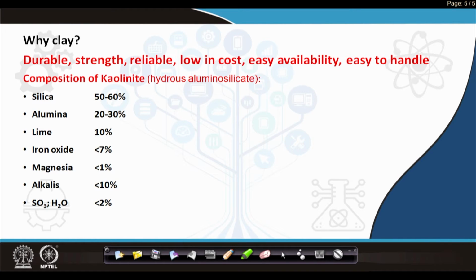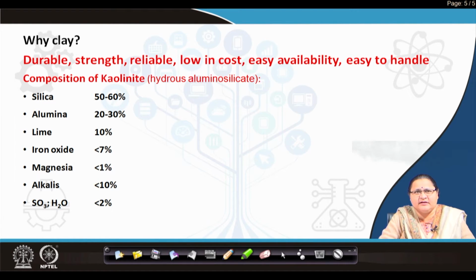Place by place it keeps on varying, but remember that lime has a part to play, which is the stabilizer. You have a color, particularly in the most common item, brick, which is a little reddish, and that is because of the presence of iron oxide, which is around 7%.